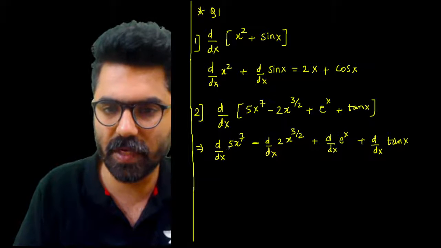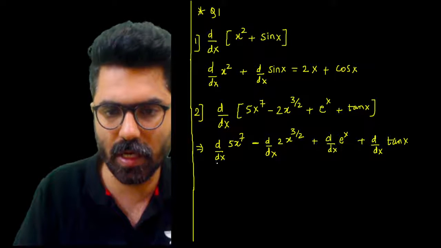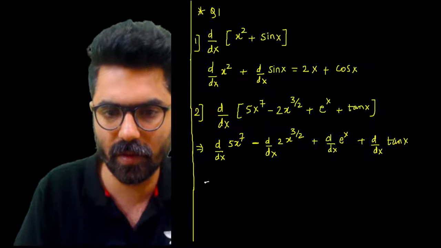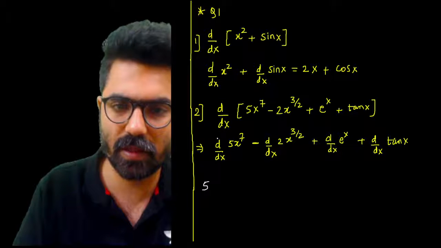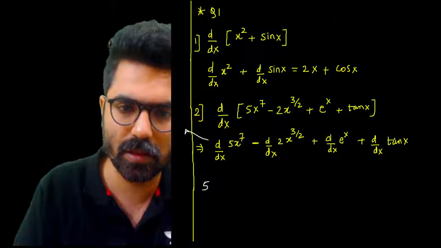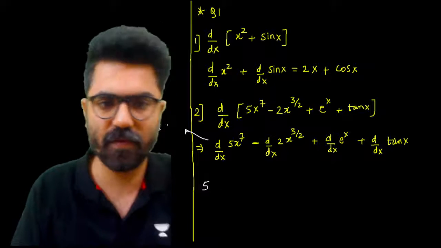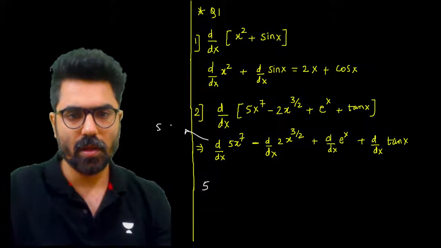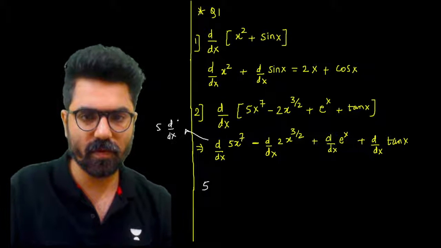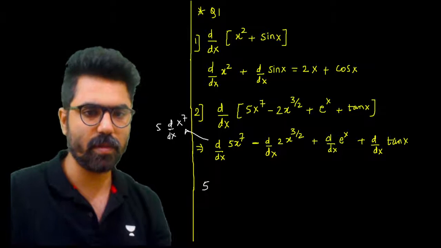Now one by one we write the derivative of each function. Here 5 is a constant, so we take it outside the derivative: 5 into derivative of x power 7.